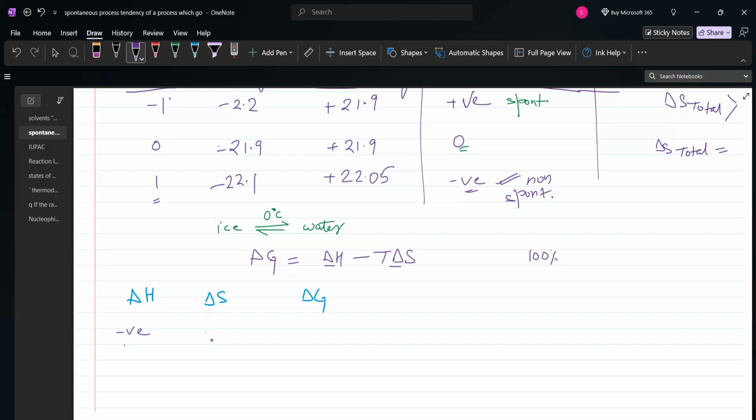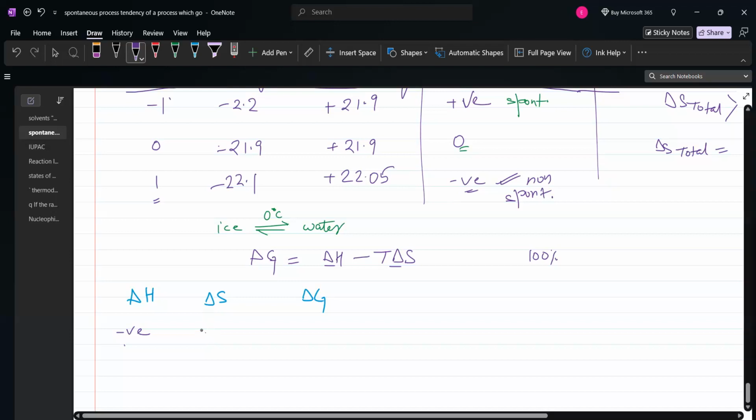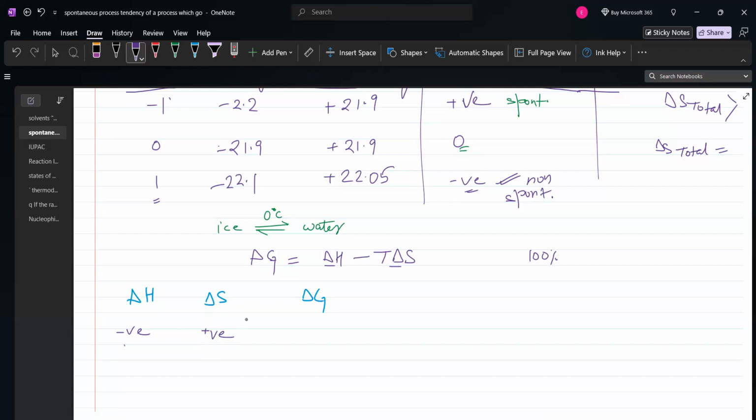And delta S is positive. Let's assume delta S is positive. So this is also a favorable condition for spontaneity. Right, everybody? Delta S positive is one of the signs for a spontaneous reaction.